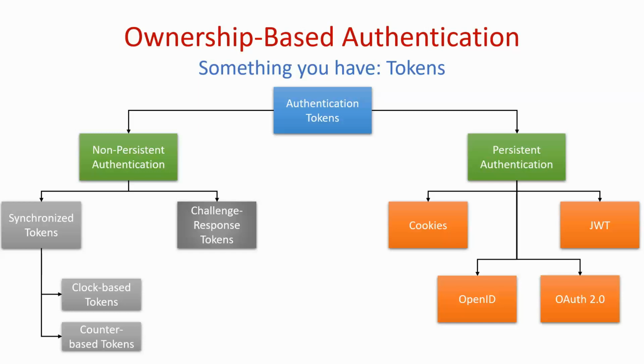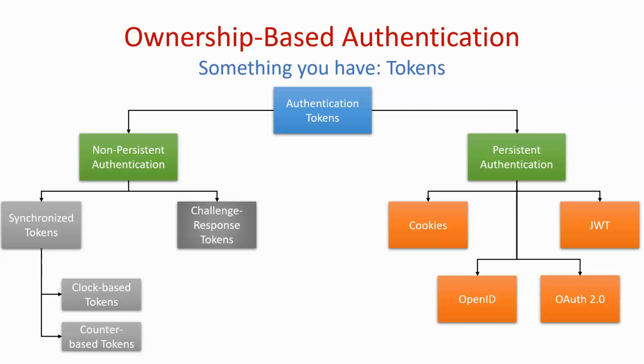It doesn't have to be, for example, an access card or a key. It can be a digital token, something that your system or your browser owns, or that your browser has obtained from the server. And this is then presented to the server to gain access later. This is what we are going to focus on, authentication tokens.